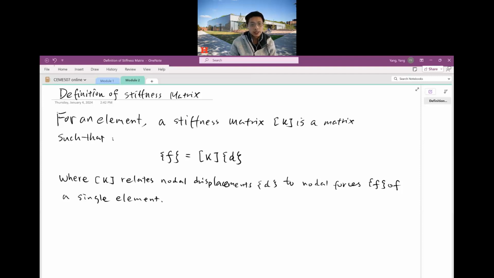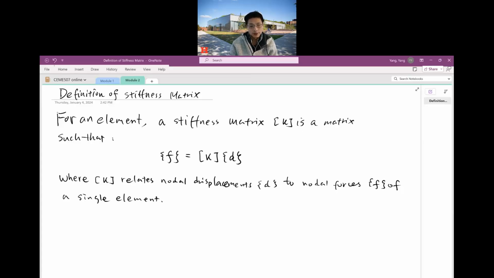So typically for an element, there will be multiple displacements, because in order to describe the geometry of a system, you need at least 2 points in the space, right? So that means 2 points, you may have multiple displacements in different directions.